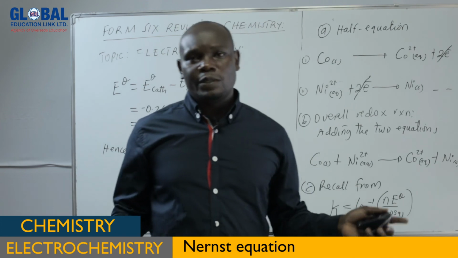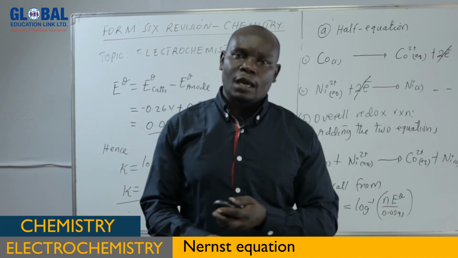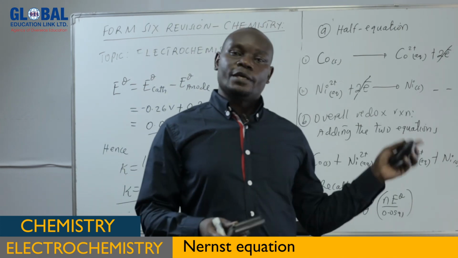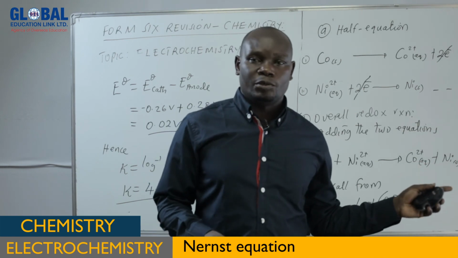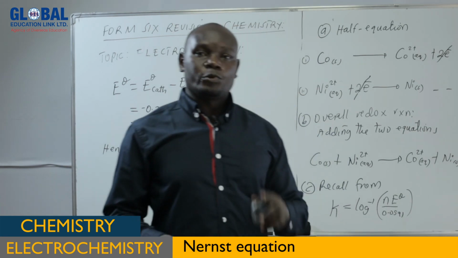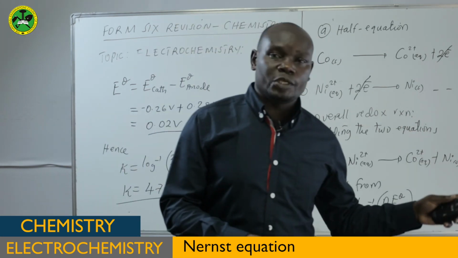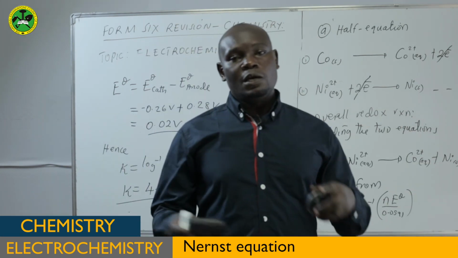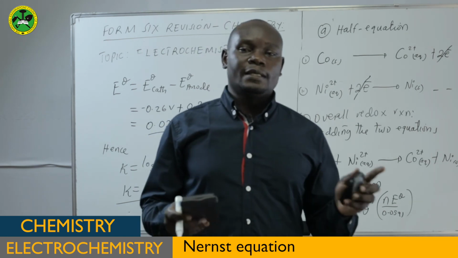So if you don't have the pH meter, how will you find it? You can also use the standard electrode potential, and you will also see how you can use the standard electrode potential to predict if the given reaction will take place or will not take place.